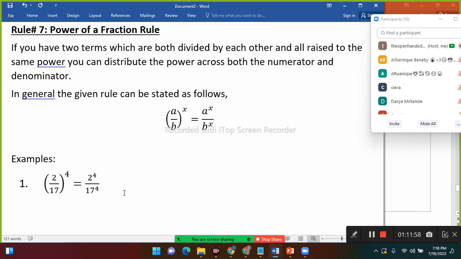If we were to simplify this all the way, we would actually change it from index form and write it in terms of standard form, and then see if we can find the highest common factor between the two, and then simplify it like that.